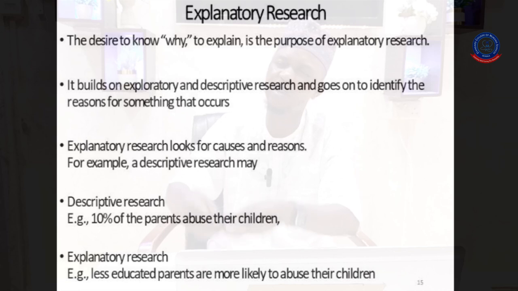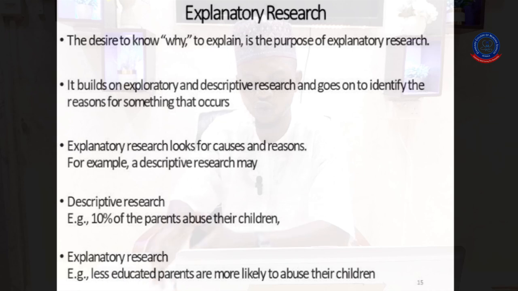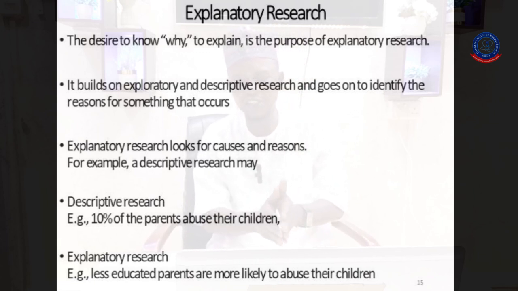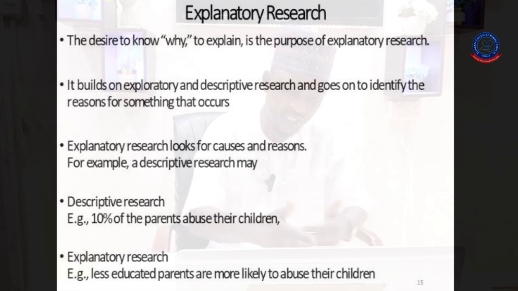You have not been specific. Then explanatory research: less educated parents are more likely to abuse their children. So you try to explain why it is that. Because they are less educated, there is a tendency for them to abuse their children. So these are the two distinctions between descriptive research and explanatory research.